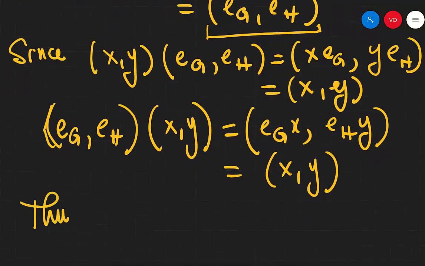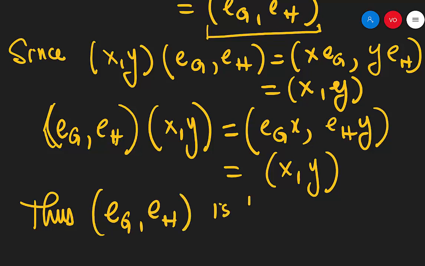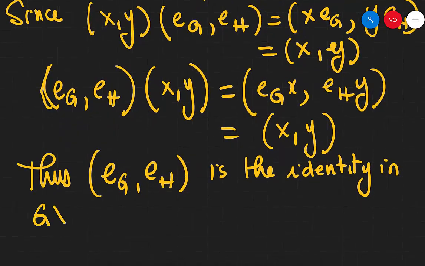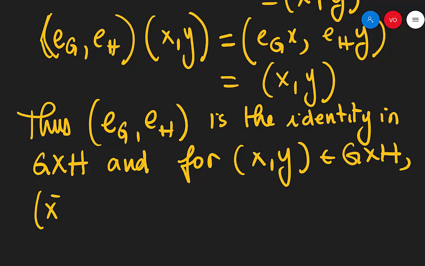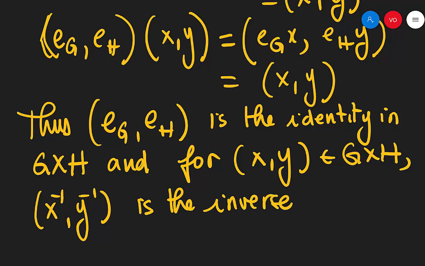Thus, (e_G, e_H) is the identity in G cross H, and for any (x, y) in G cross H, we have that (x inverse, y inverse) is the inverse of (x, y).